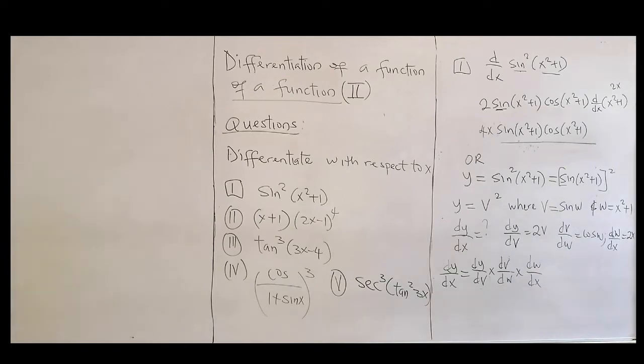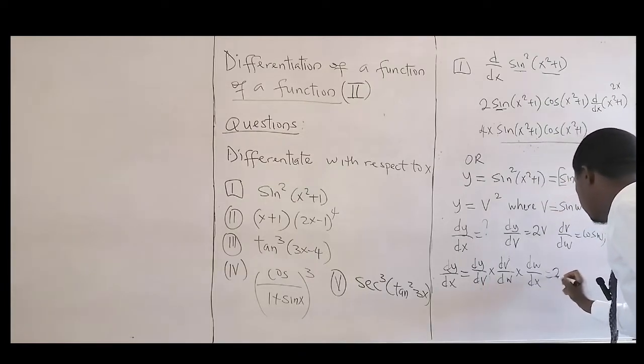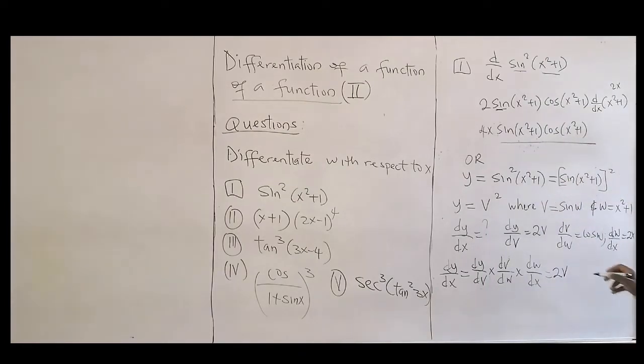Okay, so let's substitute all of that. We have dy/dv is 2v, then dv/dw is cos w, and then dw/dx is 2x.